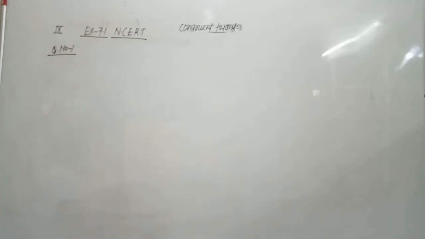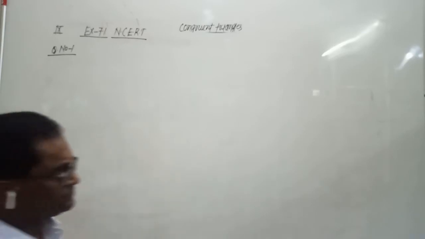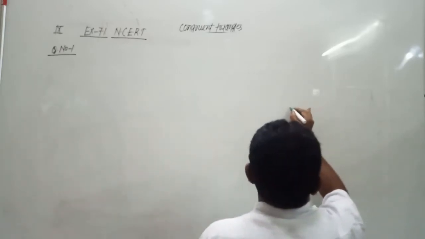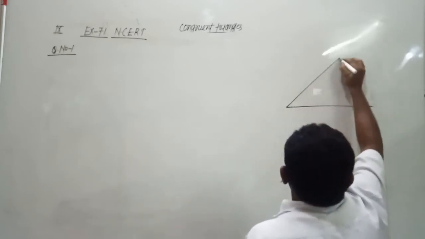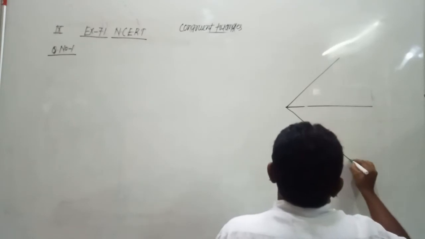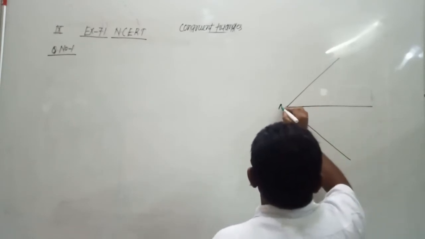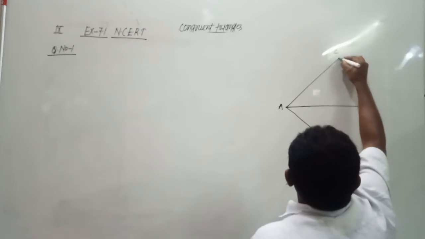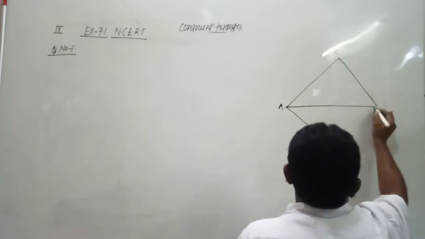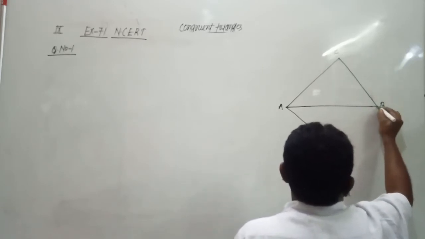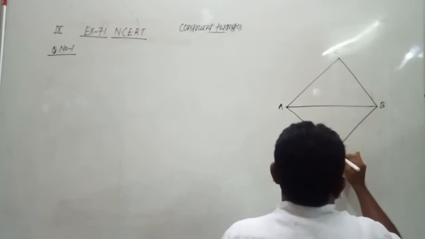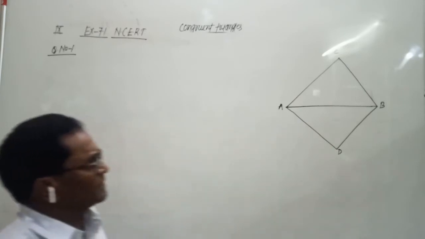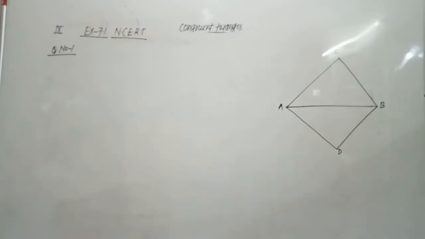In a quadrilateral ACBD, a diagram is given. In a quadrilateral ACBD, AC equals AD.